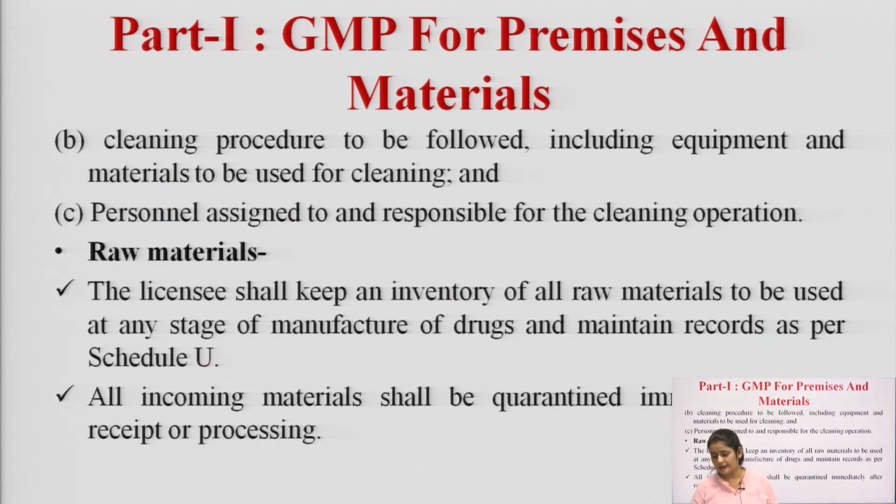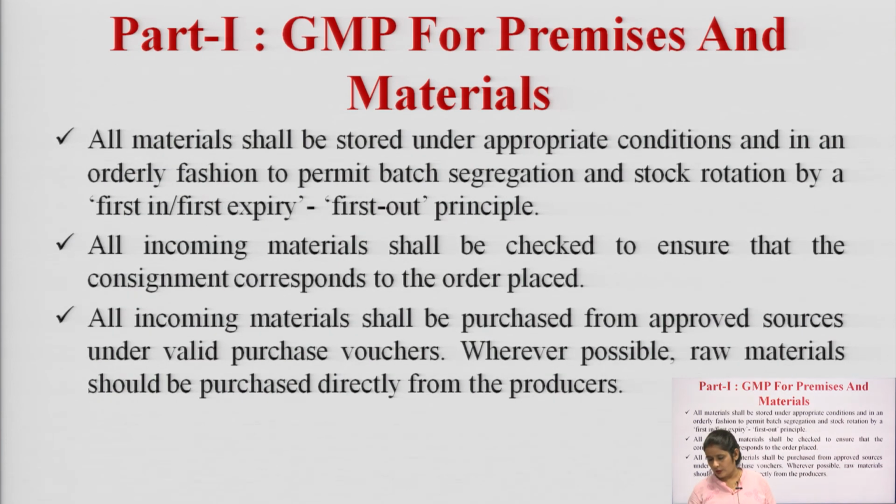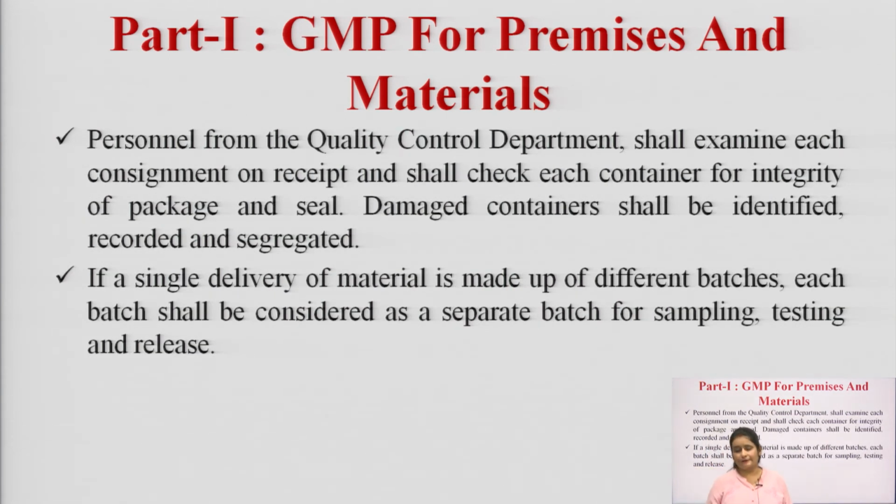The raw materials which we use shall be kept under inventory control, and incoming materials shall be quarantined on receipt or processing. All material should be stored in appropriate conditions, and incoming material shall be checked to ensure that the consignment corresponds to the order placed.